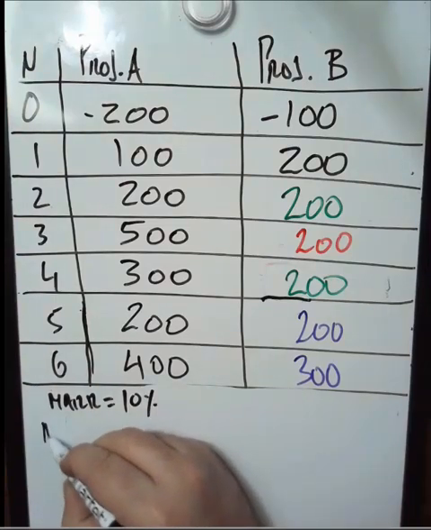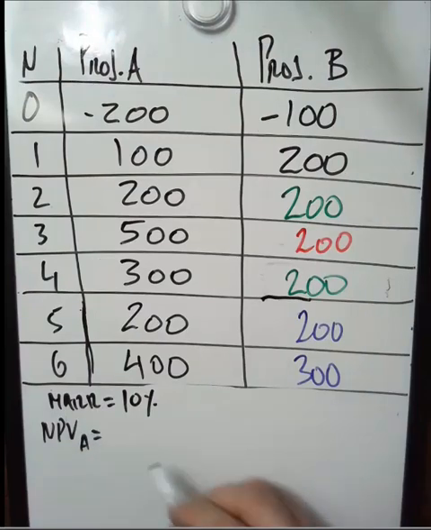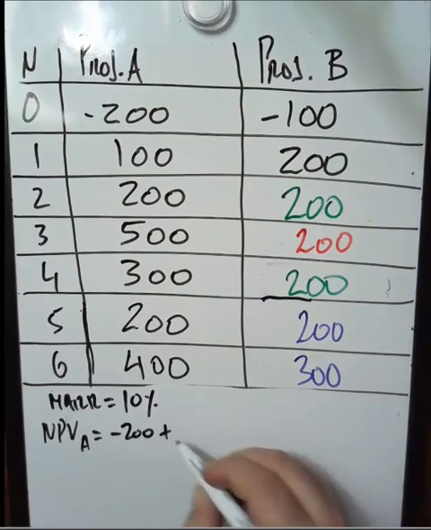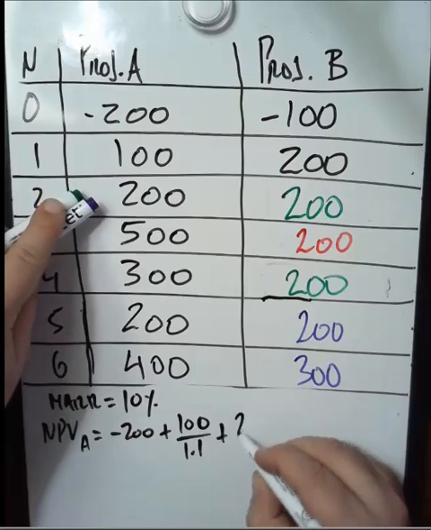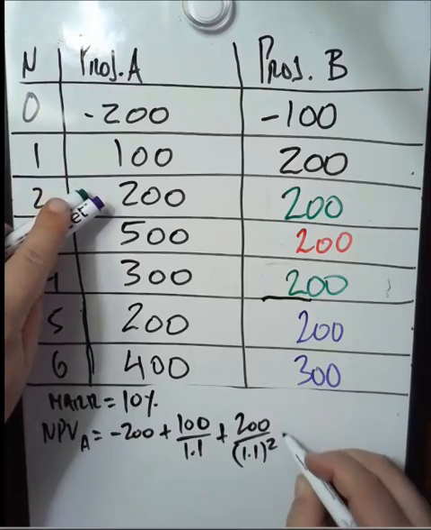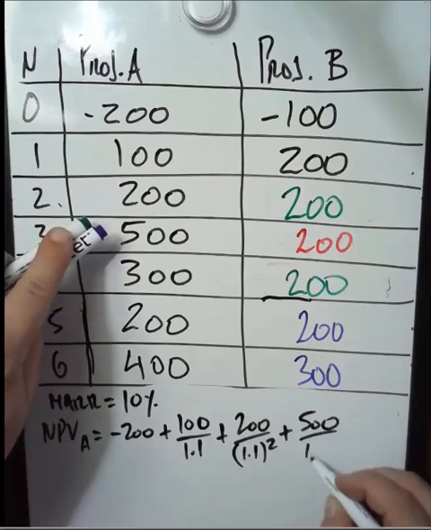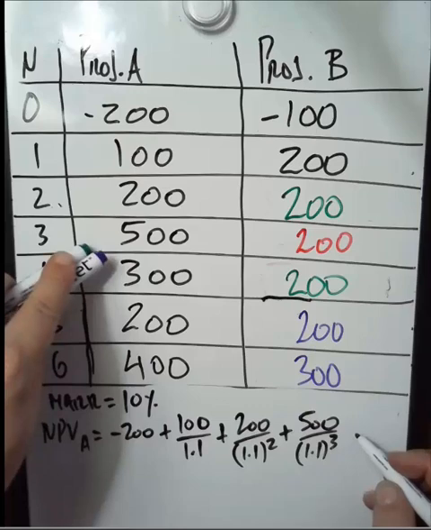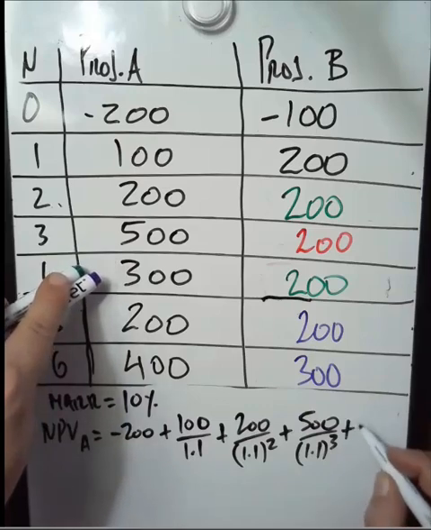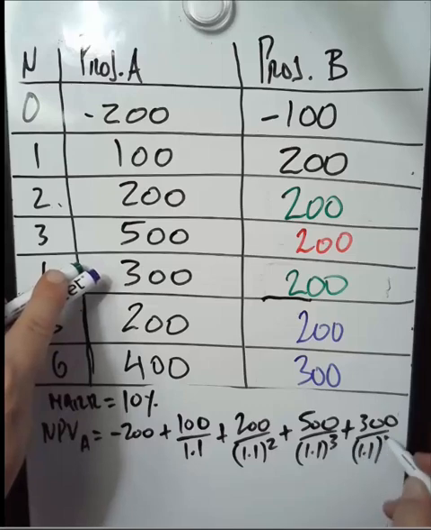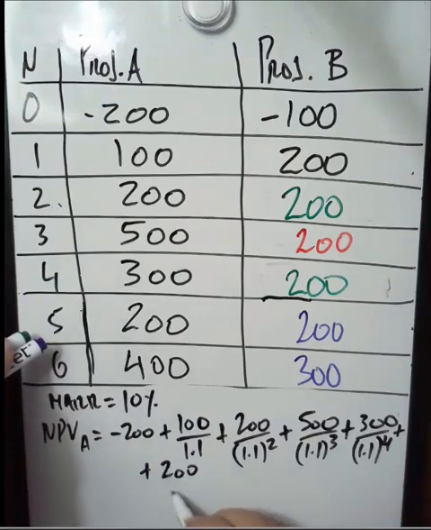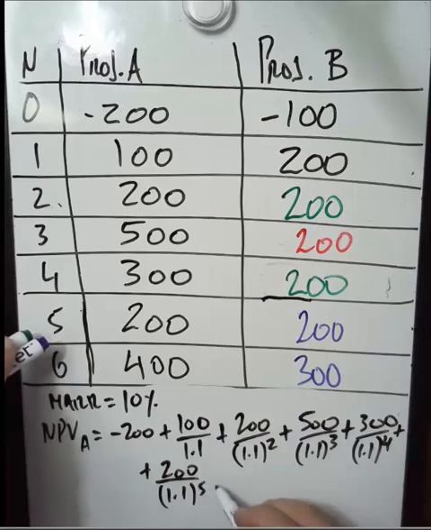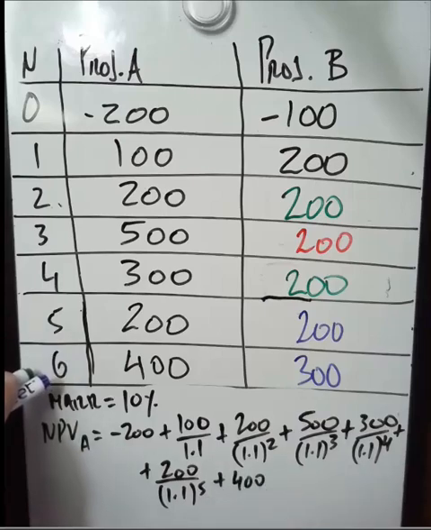So the net present value for project A is equal to negative 200 plus 100 discounted 1 year at 10% plus 200 discounted 2 years at 10% plus 500 discounted 3 years at 10%, then the 300 discounted 4 years, and then the 200 at year 5 discounted 5 years, and then the 400 at year 6 discounted 6 years at 10%.